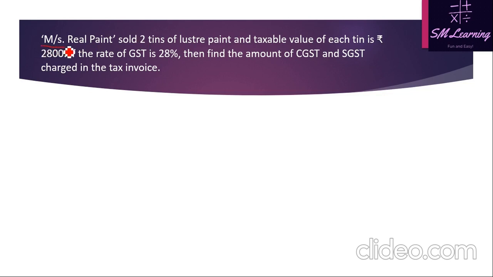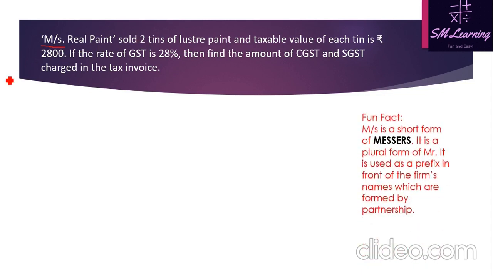Here it is mentioned Messrs Real Paint. Now, what is Messrs? There is a small fun fact that I have mentioned here. Messrs or M/S stands for Messrs. It is nothing but a plural form of Mr. Messrs will be used as a prefix in front of the firm's name which are formed by partnership.